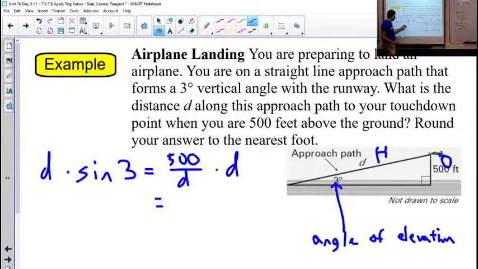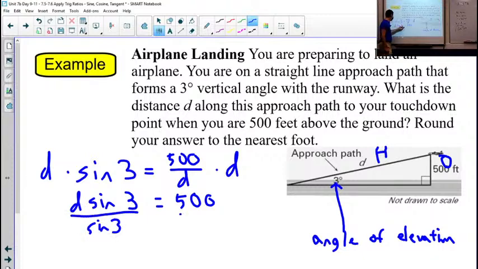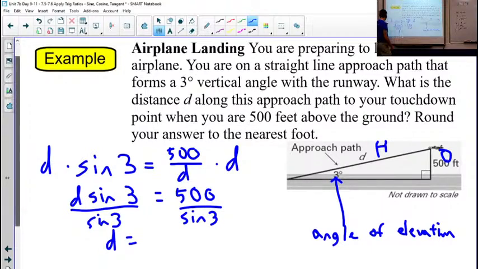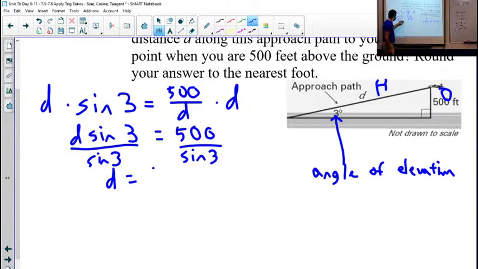So these cancel, and I just have 500 on this side. But I haven't solved for the variable yet, so I've got to keep going. D times this is just a number, so I want to divide it. So the exact answer is 500 over sine of 3. If I round to the nearest whole number, that is going to be 9,554.